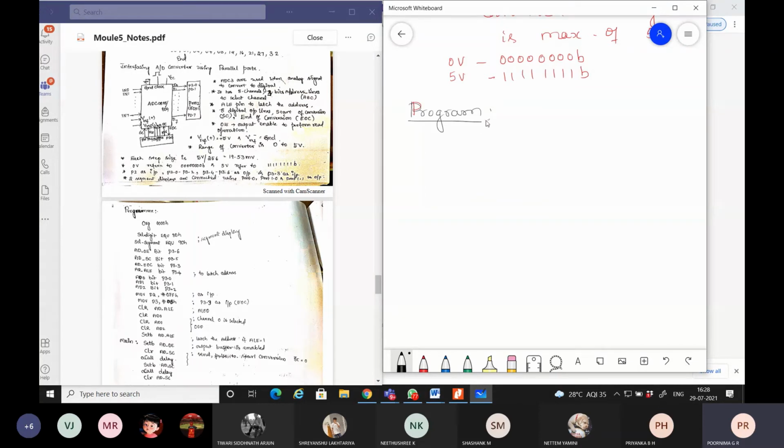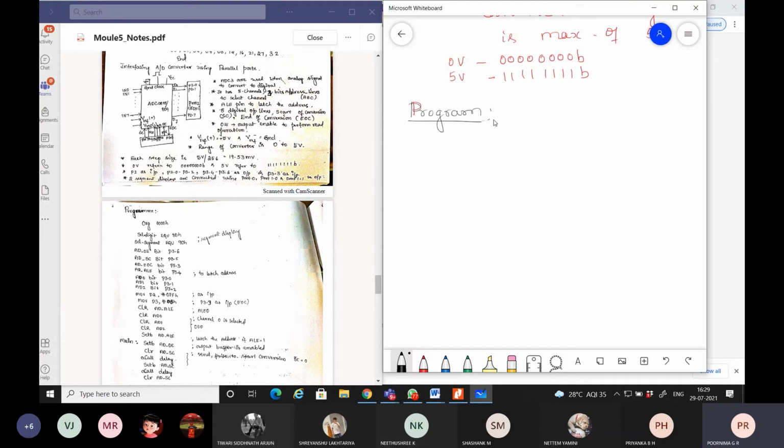Once the end of conversion is finished by the ADC, it has to send a signal to the 8051 stating that the conversion of the given analog voltage has been completed, so the digital data is ready.